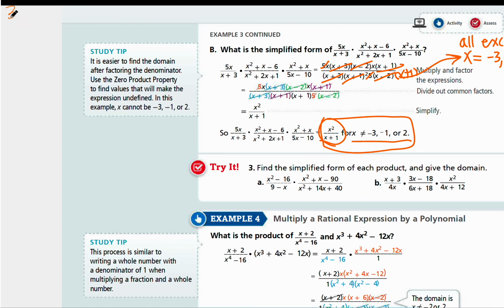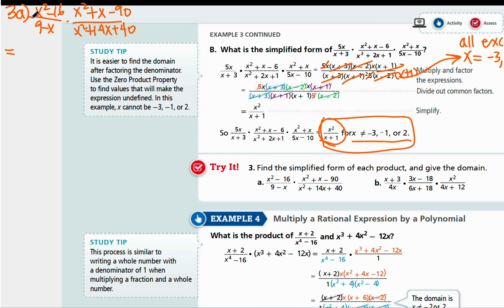So 3a, let me write it here. You have x squared minus 16 over 9 minus x times x squared plus x minus 90 over x squared plus 14x plus 40. So you're going to factor out as much as possible.